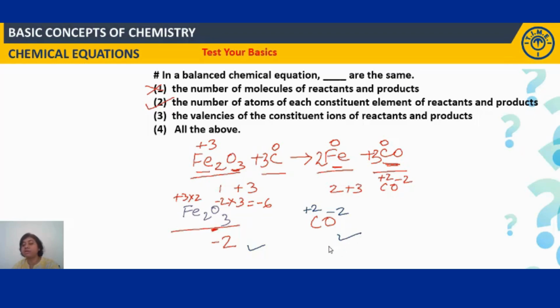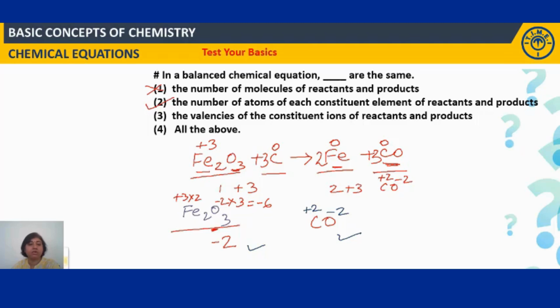So valency of some of the elements have changed. We have seen iron and carbon, their valencies have changed, but in case of oxygen there is no change in the valency, although it is an oxidation reduction reaction. If it is not an oxidation reduction reaction, then there will be no change in the valency of any of the elements, right? Okay, I feel you could understand, fine.